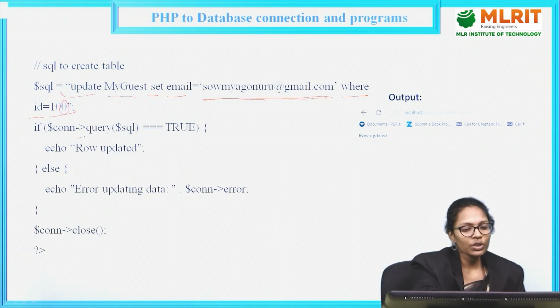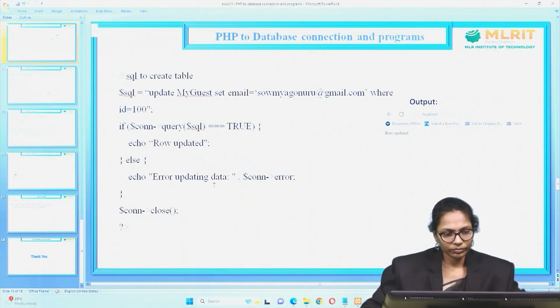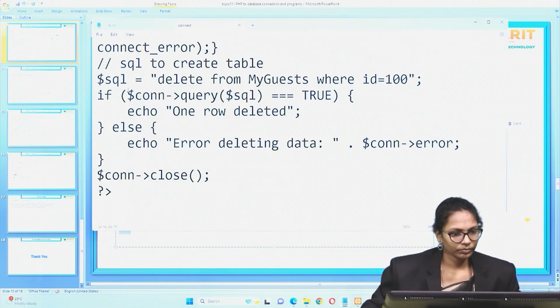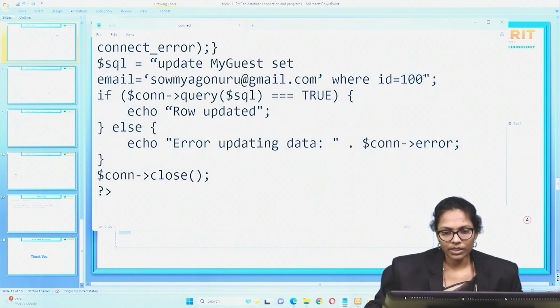Execute your query using the query function. If the query is executed successfully, it will return true. Then you are printing a message, row updated. Otherwise, an error is created. So I'm just changing this ID value to 101.